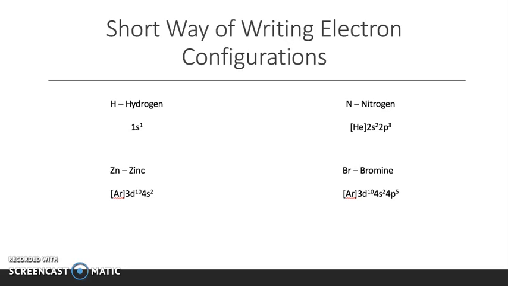So we just say argon, 3d10, 4s2, because those are the orbitals that are not exactly full. Bromine is the same thing. We also have argon, 3d10, 4s2, 4p5. So really everything from argon and behind that is full, and then we write what is left for bromine.